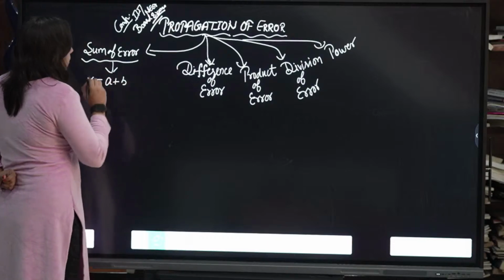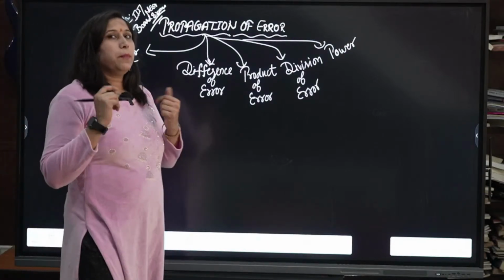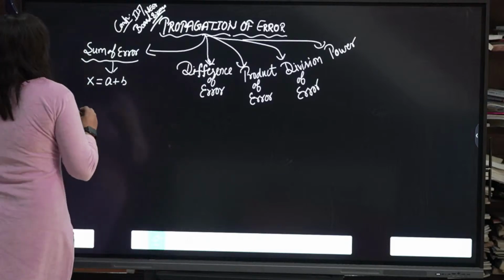How? We know if we consider a quantity having A and B, and if we do sum, then X is equal to A plus B. And what is del A here?